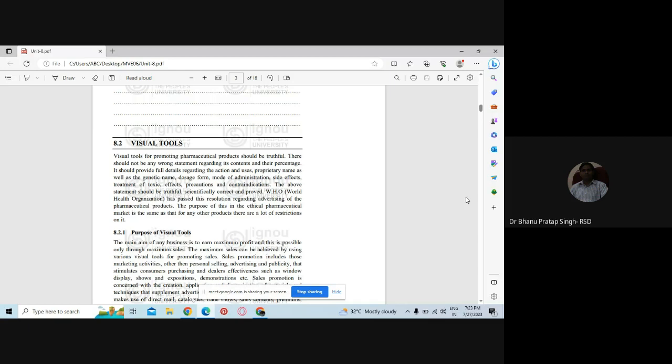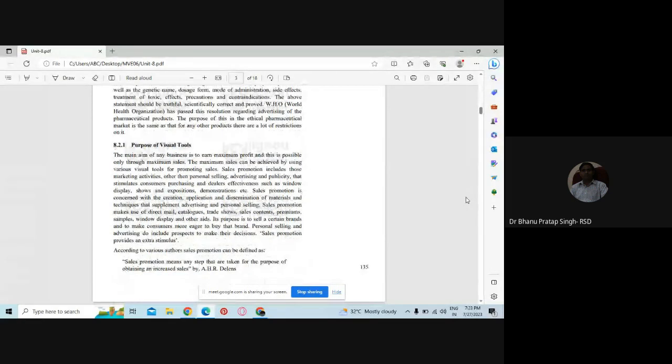The purpose of this is an ethical pharmaceutical market, the same as that for any product. There are a lot of restrictions on it. So whatever visual tools we are using, the WHO guidelines should be adhered to in letter and spirit.